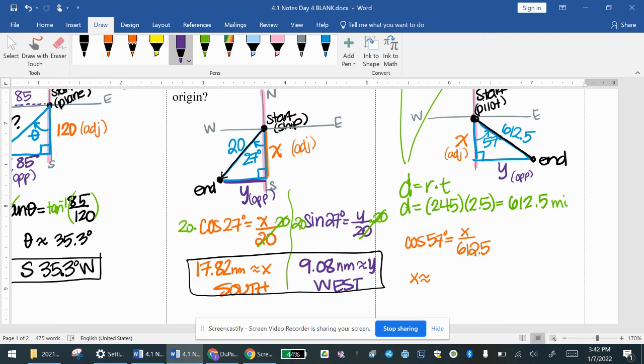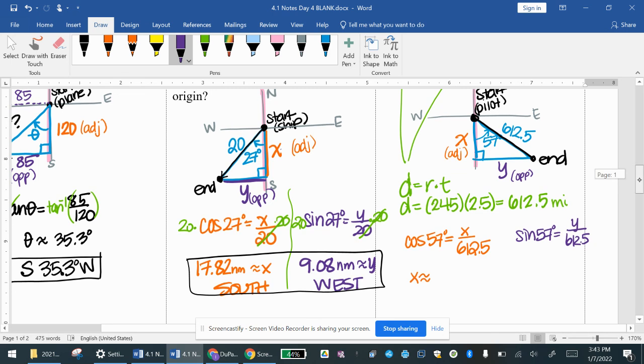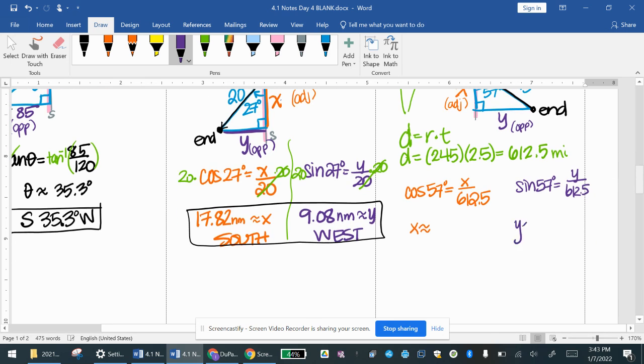You're going to set up another equation using the 57, the y, and the 612.5. That one is going to require the use of sine. Sine of 57 degrees equals opposite over hypotenuse. Again, multiply both sides by 612.5 and you should get your answers. Okay, pause the video, push play when you're ready to check yourself.